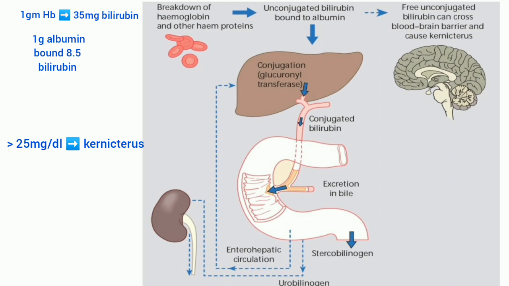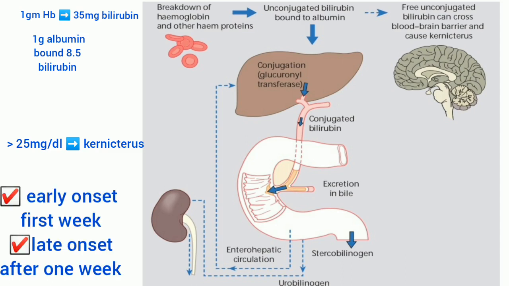Our approach depends on the time of appearance of jaundice. Either it appears in the first week of life, or it appears after the first 2 weeks of life, or it is persistent after the first week, or persistent for more than 2 weeks.